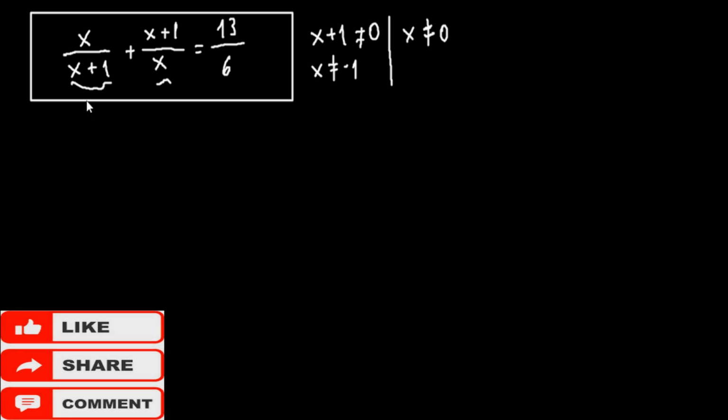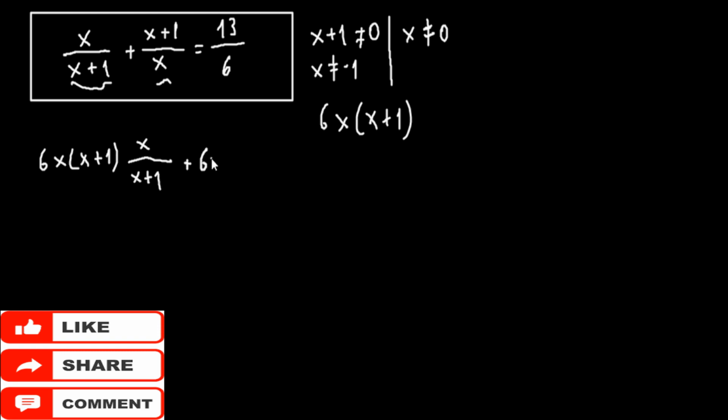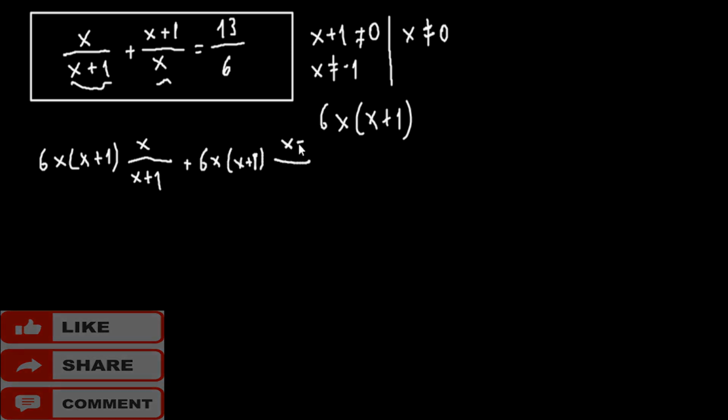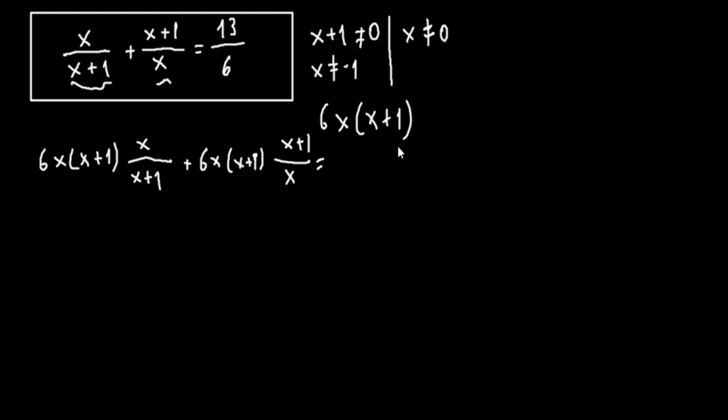Now we must multiply all the fractions with 6 times x plus 1. So we can write it as 6 times x plus 1 times the fraction x over x plus 1, plus 6 times x plus 1 times the fraction x plus 1 over x, equals 6 times x plus 1 times the fraction 13 over 6.